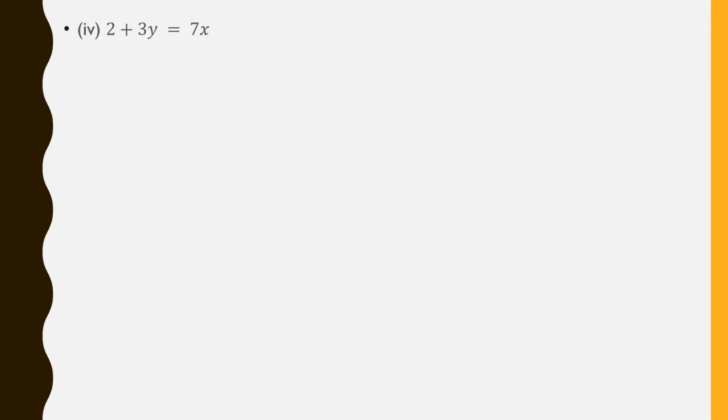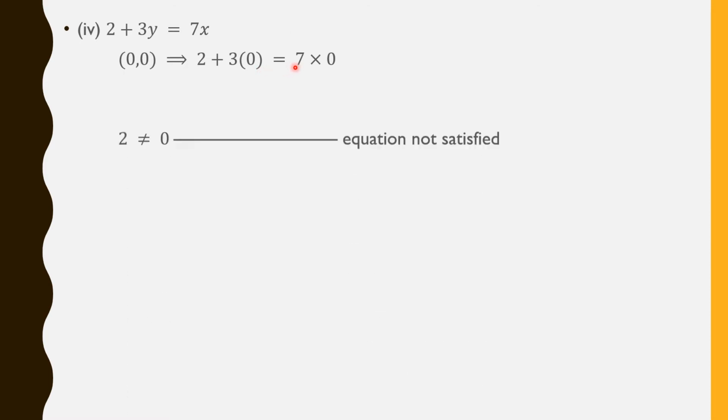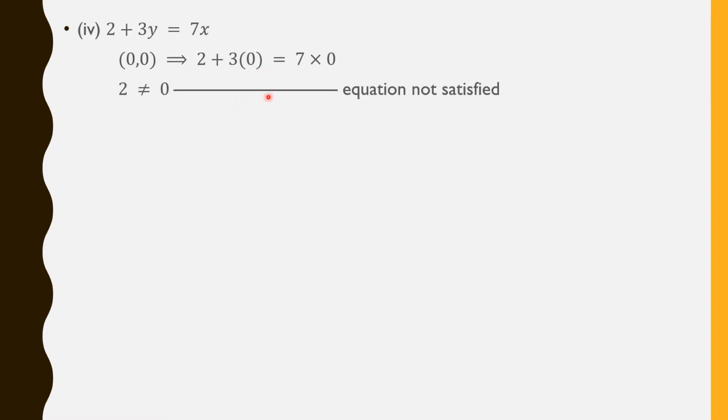Next equation is 2 plus 3y equals 7x. Substituting (0, 0) in 2 plus 3y equals 7x, I will get 2 plus 3 into 0 equals 7 into 0, which gives 2 not equal to 0. Therefore, equation not satisfied. Next coordinate is (minus 1, 1).